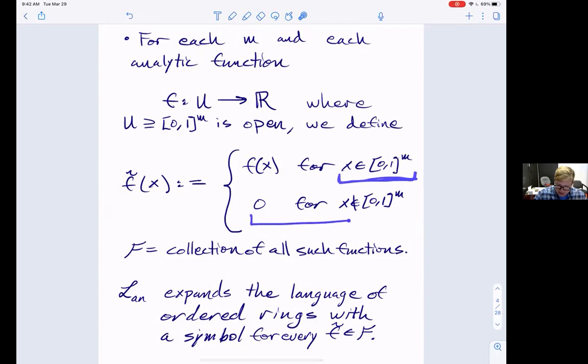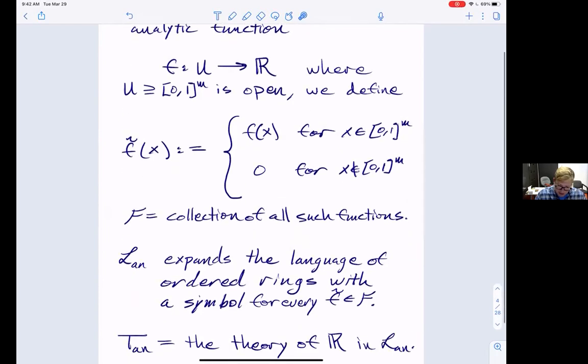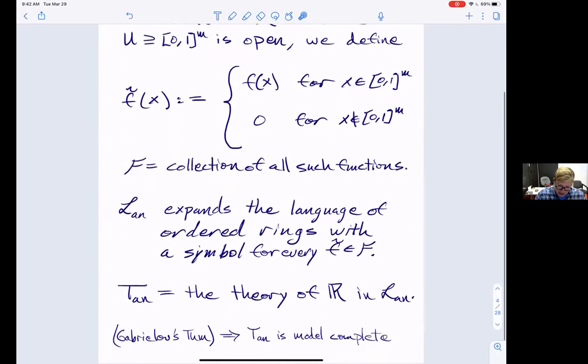And the function is defined to be 0 outside of that box. If you take f to be the collection of all such functions, then this language, which we call L-an, is an expansion of the language of ordered rings with a symbol for every such function, and we call the theory Tn. Well, Gabrielov's theorem says that Tn is model complete.